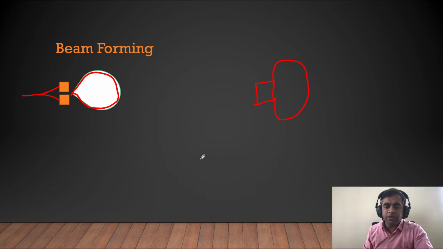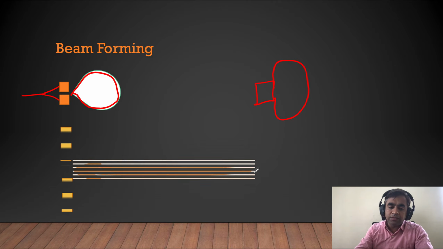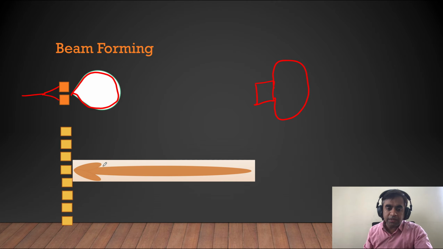And as we know, mmWave, which is a high frequency wave, takes this further and enables directional communication with a large number of antennas. So when we put more than two antennas, it results in a much more focused beam.